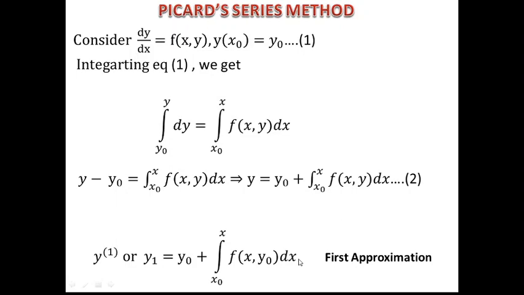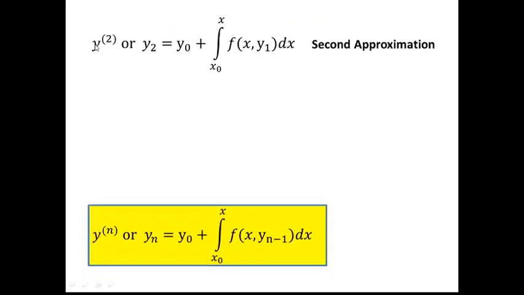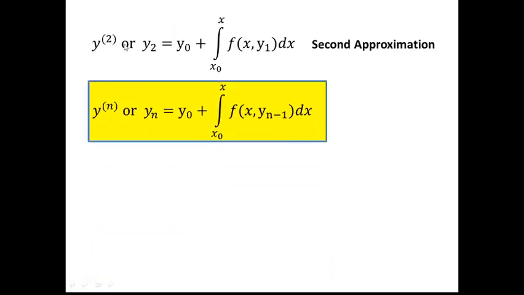On similar lines, if we replace y in equation 2 by y1, we get a second approximation, denoted by y2 or y superscript 2. In general, the nth approximation to the solution is yn equal to y naught plus the integration from x naught to x of f of x, y n minus 1 dx.